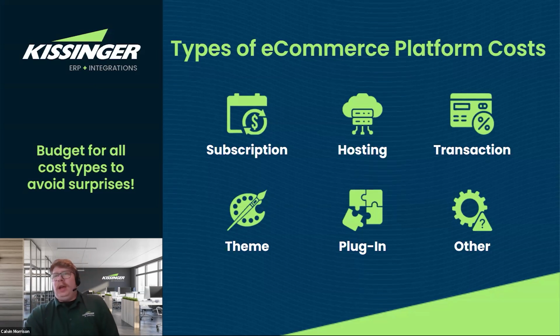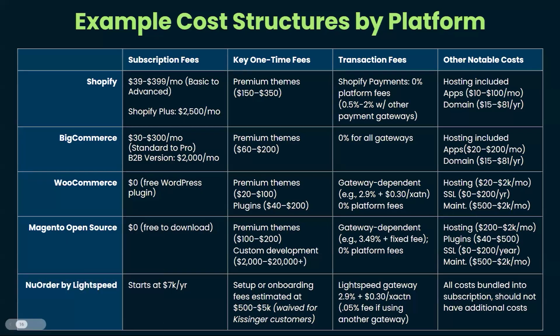So I got another slide here. This is another mega chart. Don't read into it too deep, but we can talk about some of these cost structures, right? Like I did on the last slide, Shopify, BigCommerce, WooCommerce, Magento, NuOrder. Shopify starts out cheap, WooCommerce can be free, and then you see NuOrder, 7K a year, what the heck? Well, you're paying for their platform and you're getting that B2B feature set.